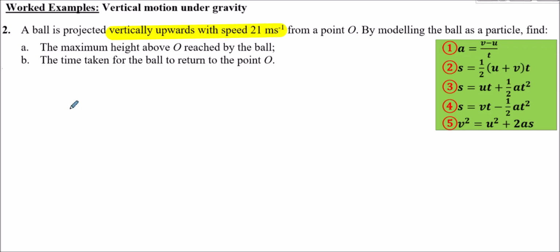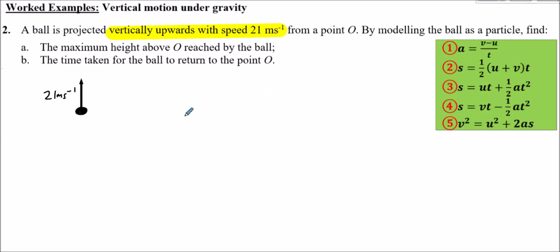So what I'm going to do here is just sketch this particle, and we can say that it's got an initial speed of 21 meters per second. In fact, I'll just write that on the other side of it. Okay, like so.